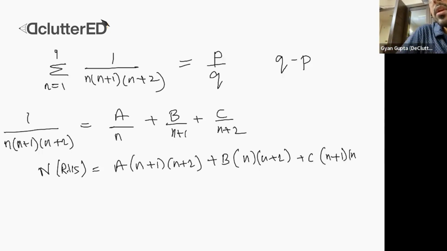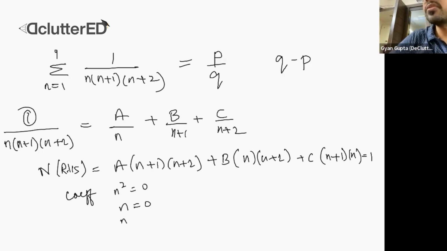All right. Now, when I open the brackets, I will equate term by term. I will say coefficient of n square is 0, coefficient of n is 0, and the coefficient of n power 0, or the constant term, is 1. I will get three equations, and since I have three variables, I will be able to solve for them. Let me quickly write how it translates.